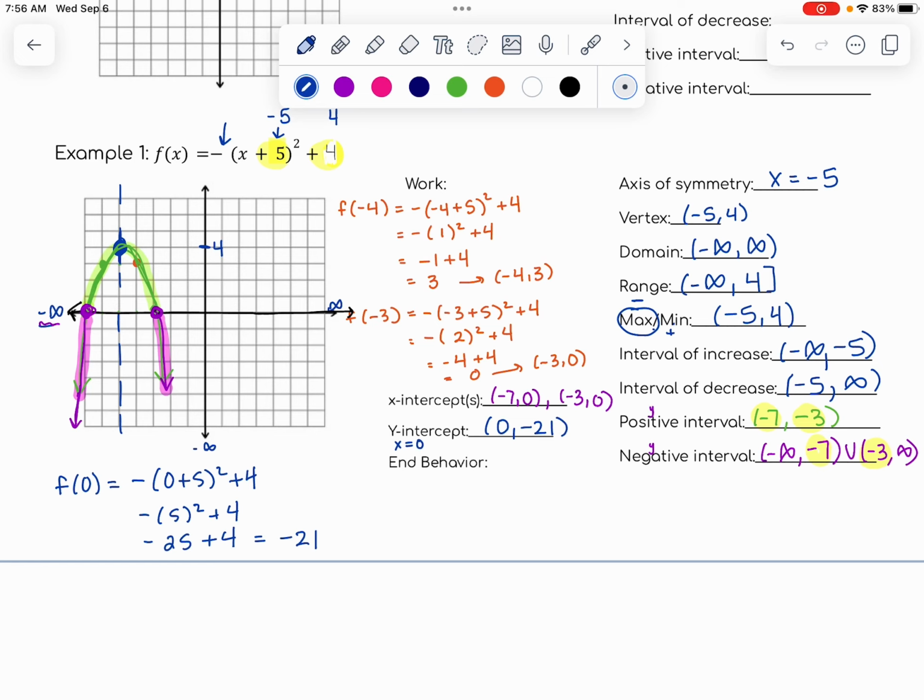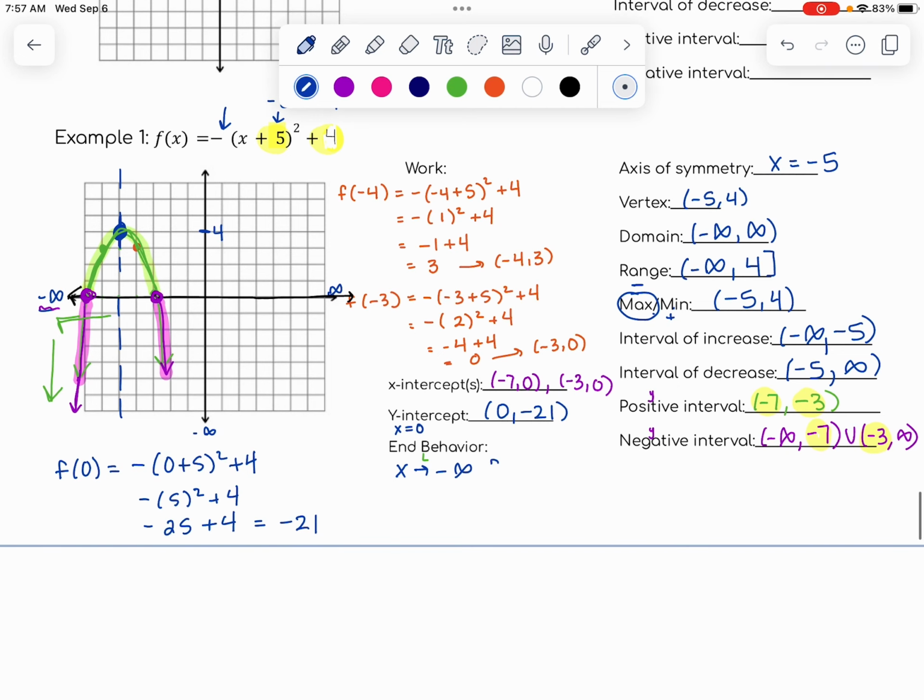And the last thing is end behavior. As x approaches negative infinity, this is the left side of the graph. So on the left side of the graph, we are moving left. We are also moving down. So f of x approaches negative infinity. On the right side of the graph, that's as x approaches positive infinity.